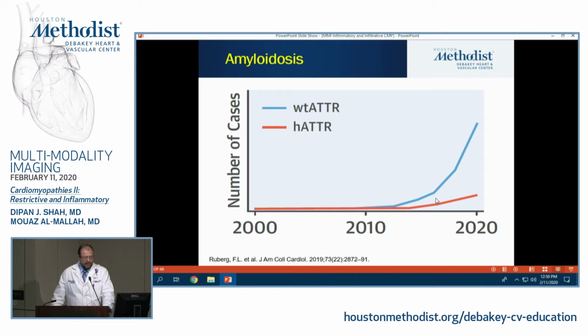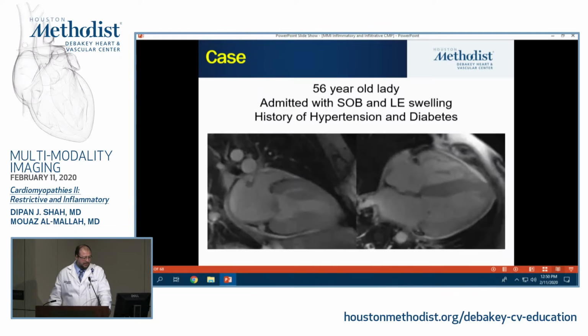We had a few discussions about that in the recent weeks, but I'll just summarize. You know now that we are seeing an increase in the number of cases of amyloidosis. This is probably not because of an epidemic, but more of a better diagnostic ability to diagnose these patients using CMR and other tools, echo strain and PYP imaging.